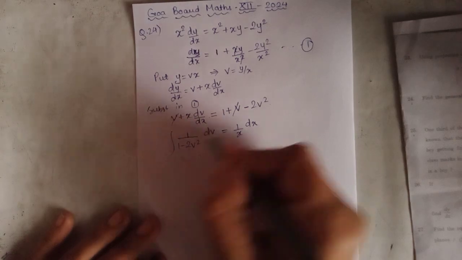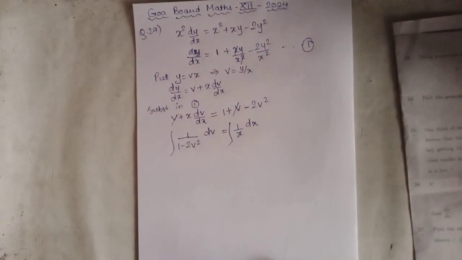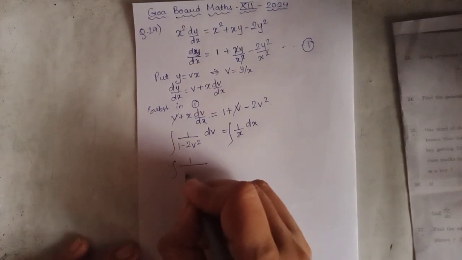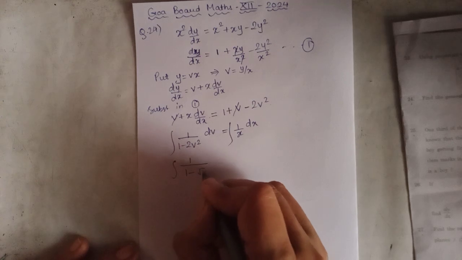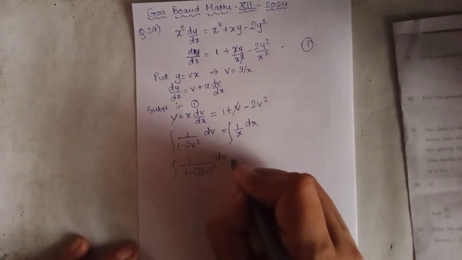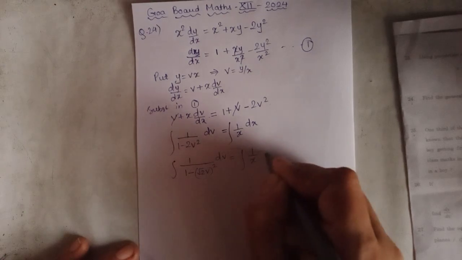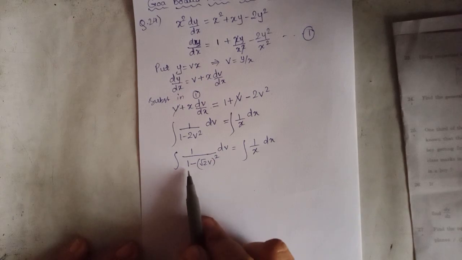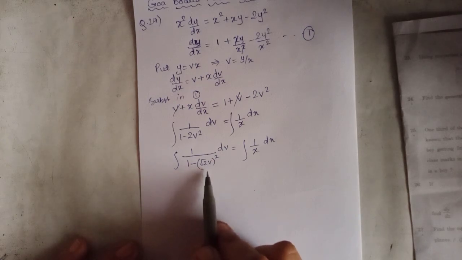Okay, taking the integral on both sides, 1 minus 2v square you can write as 1 minus (root 2 v) square, dv, equal to integral 1 upon x dx. So this is your a square minus x square, right?